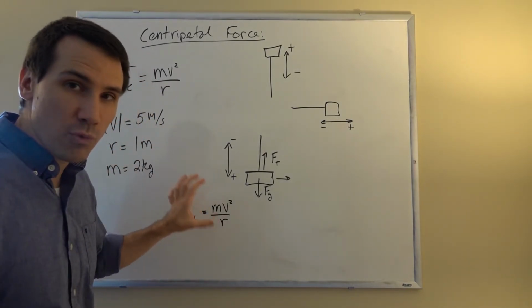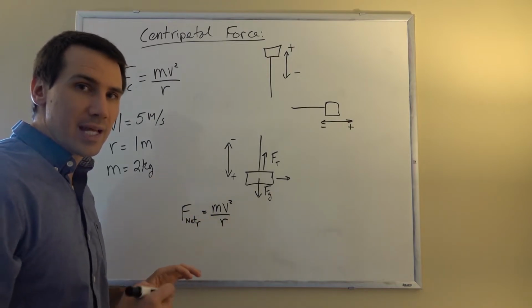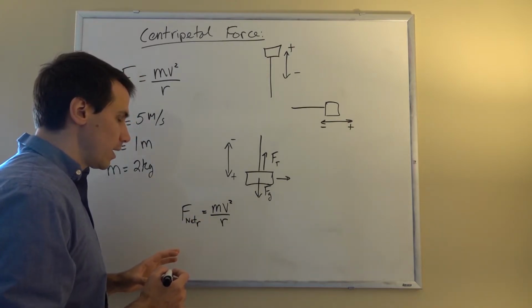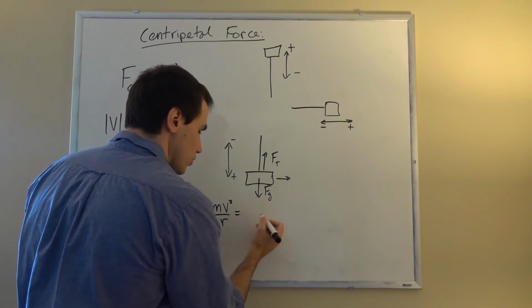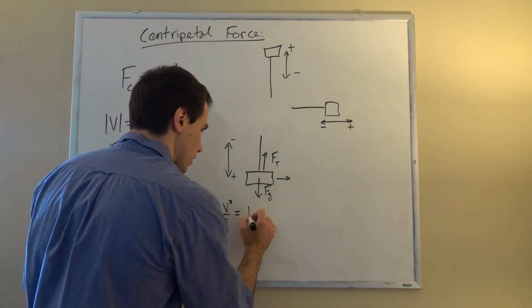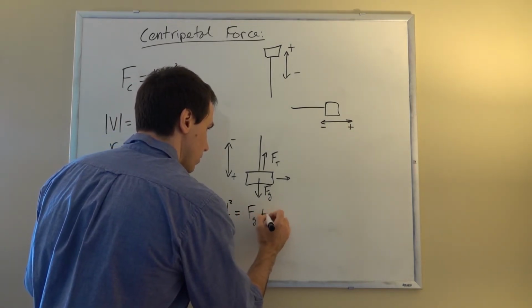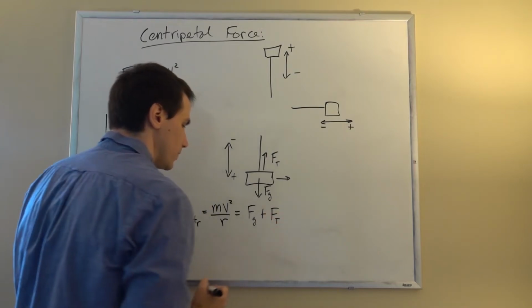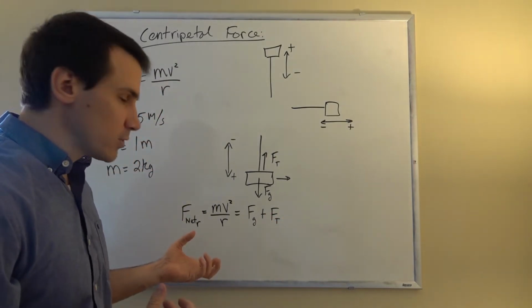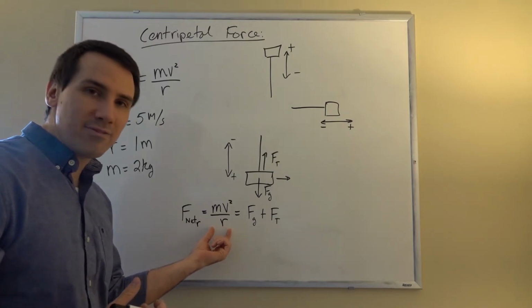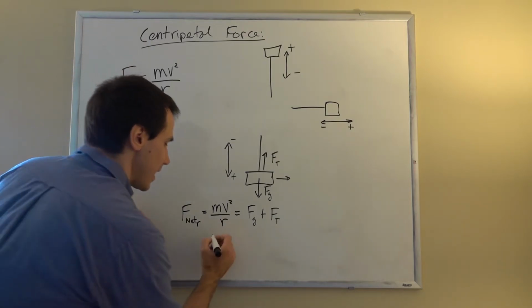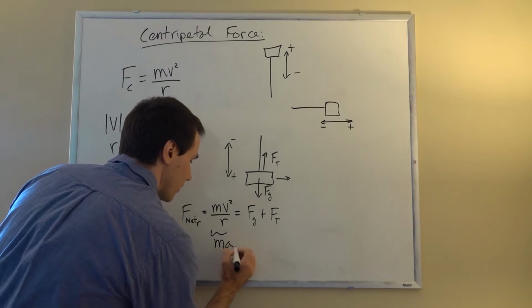This is our requirement in order to stay moving in a circle. And we can set that equal to just the sum of all of our forces, Fg plus Ft. For uniform circular motion problems, this mv squared over r really takes the place of our ma.